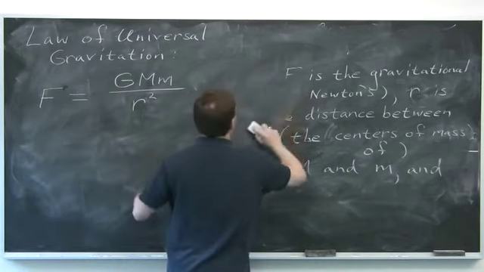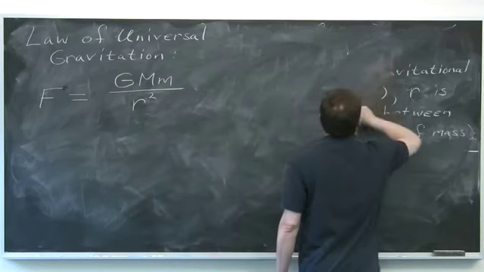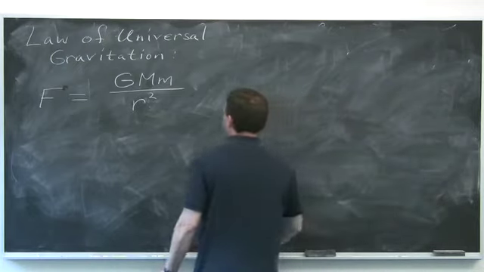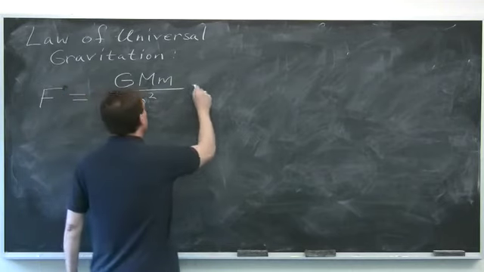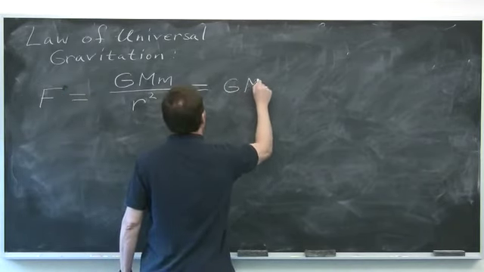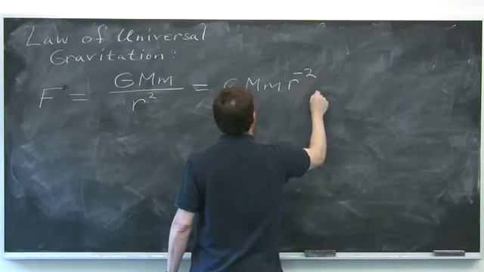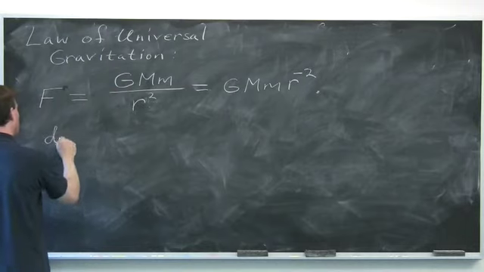It is a quotient, but the numerator is a constant. And since the numerator is a constant, and the denominator is just a power of r, the easier thing to do, instead of using the quotient rule, which isn't hard, is to rewrite this before you ever start as G M m times r to the minus 2. Those are the same, algebraically, but now to differentiate, it's completely trivial.